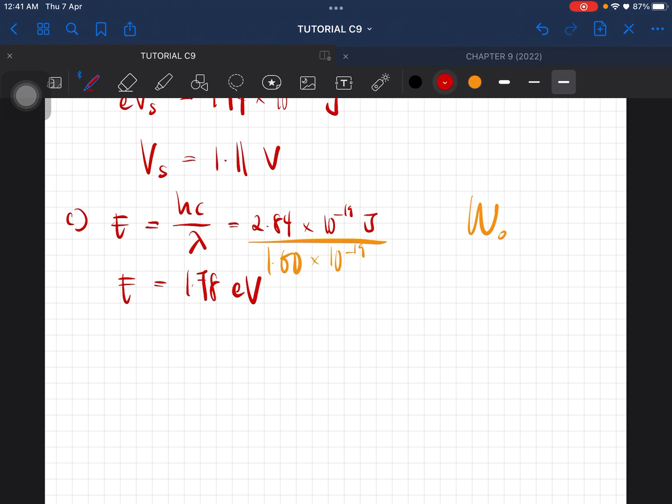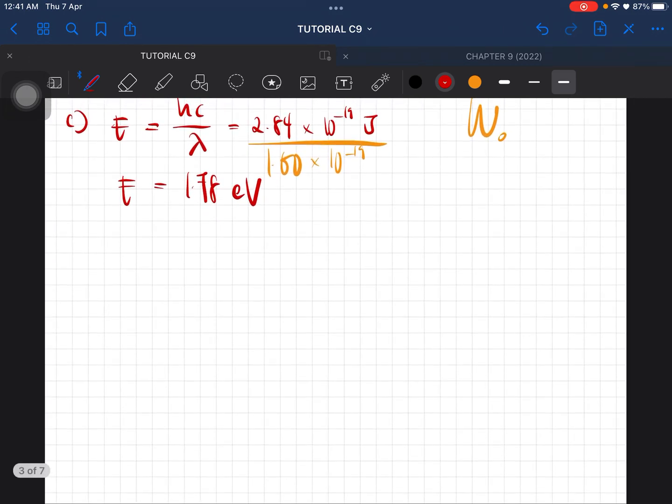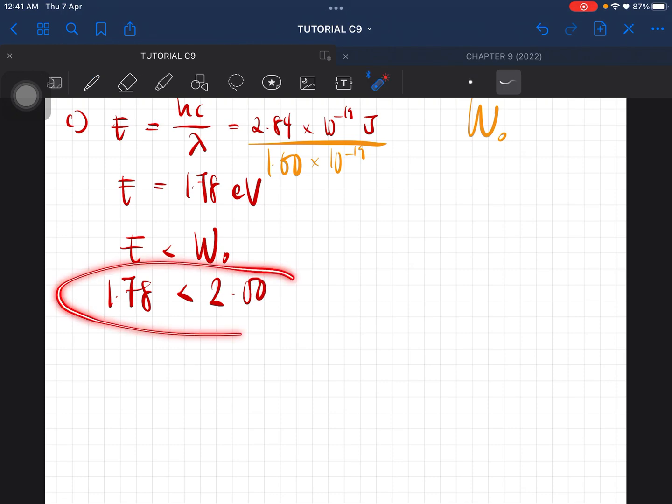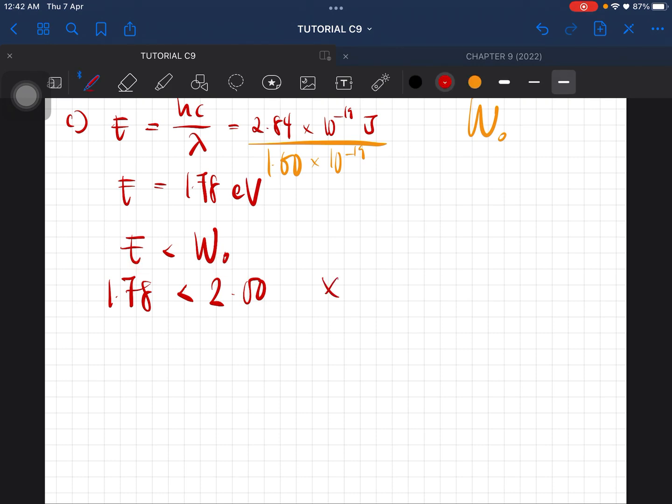Okay, so what would happen with the electron if a photon is incident on the metal? As we can see, the energy is less than the work function, which is 1.78 less than 2. So in this situation, when the energy is less than the work function, no photoelectrons will be emitted.